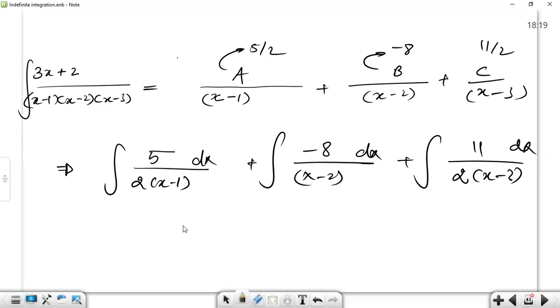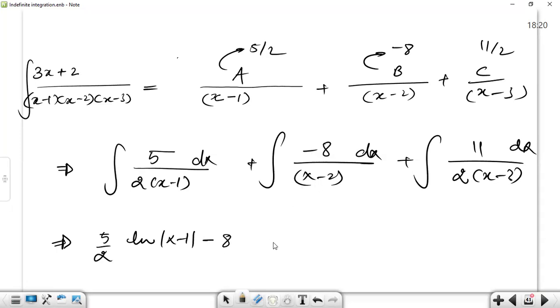Are you able to understand that how we have done and written this? Yes, sir. So taking the constant out 5 by 2, logarithm of x minus 1. Let's write the constant. We will write the constant of all these three integration together.